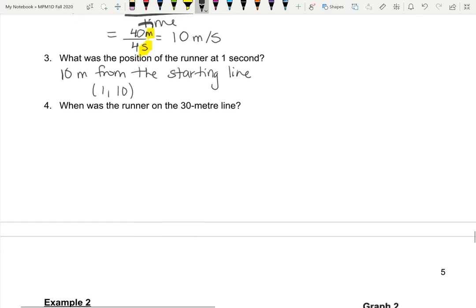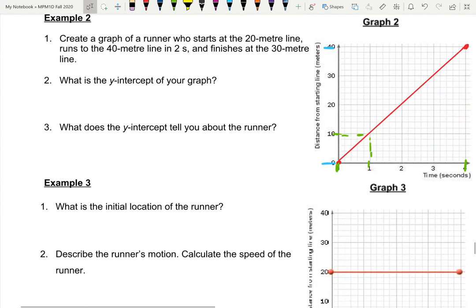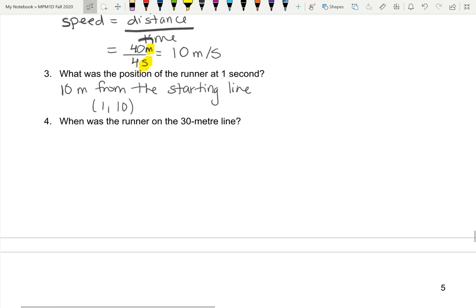When is the runner on the 30-meter line? When means it's asking for the time. So 30 meters away from the starting line is 3 seconds after the runner started running. So that is the point (3, 30).